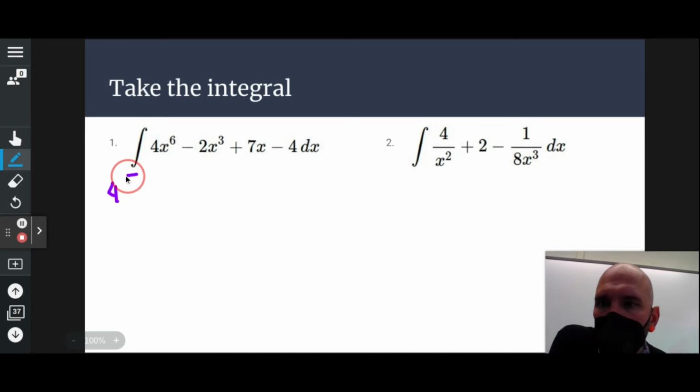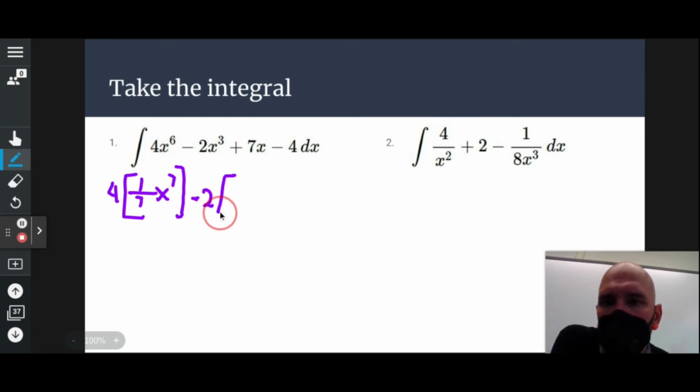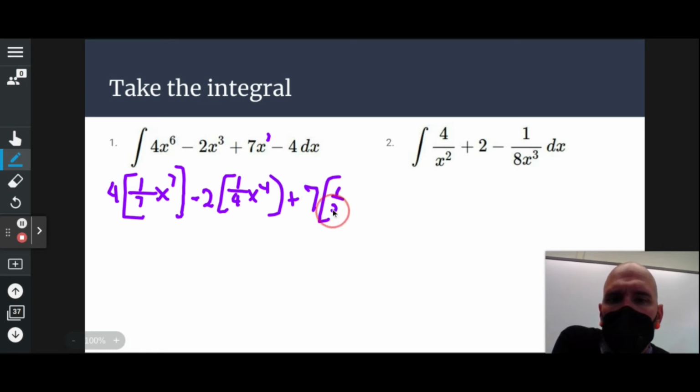All right, so we've got 4 times, that's a 6. So 1 over 6 plus 1 is 7, x to the 7, minus 2. 3 plus 1 is 4, so 1 over 4, x to the 4, plus 7. That's an invisible 1. So 1 over 1 is 2, x squared.